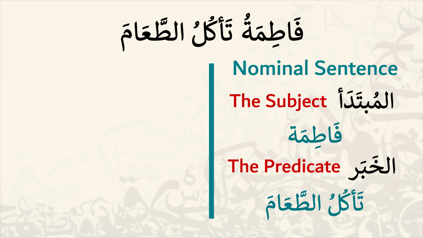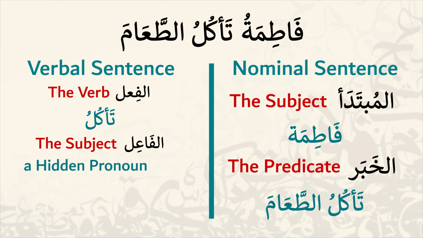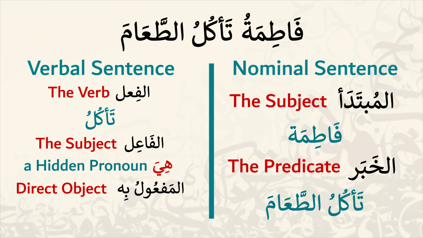On the other hand, تأكل الطعام is a complete verbal sentence, despite it being the predicate of the nominal sentence. The verb is تأكل. The subject الفاعل is a hidden pronoun estimated as هي, she. And the direct object المفعول به is الطعام, the food.